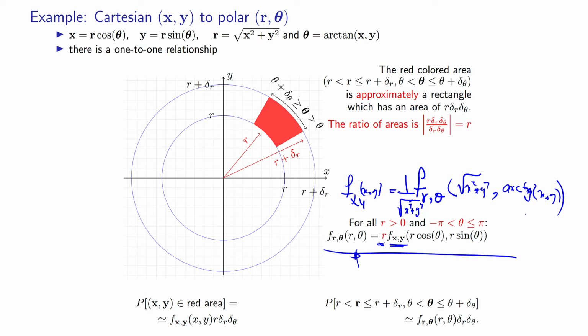So you have both relationships. If you transform from Cartesian to polar, you use this equation, but if you transform from polar to Cartesian, you use this equation.